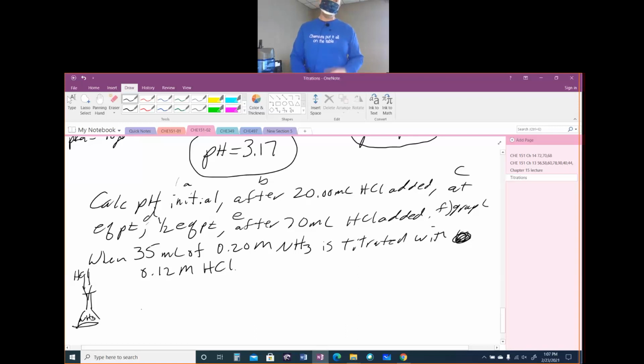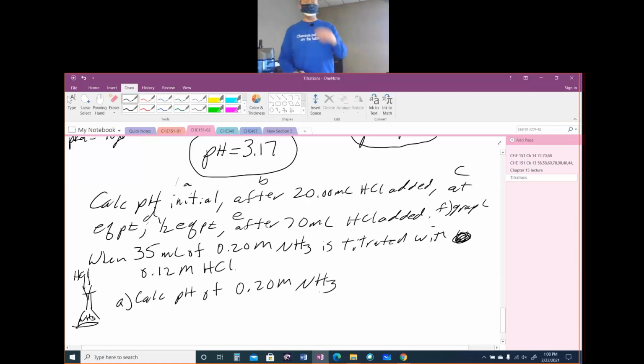So part A is calculate the pH of 0.20 molar NH3. All right, so you do have to recognize that NH3 is a weak base. And so we are writing the base reaction.